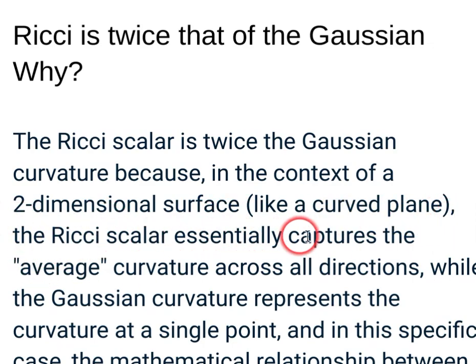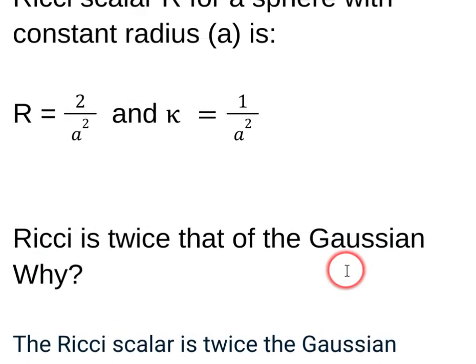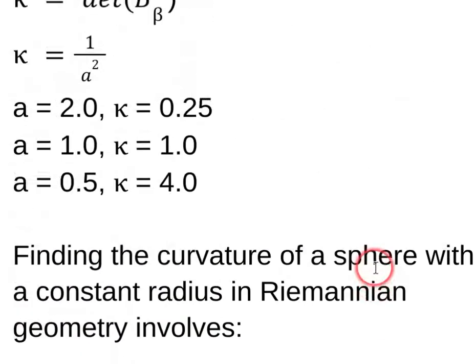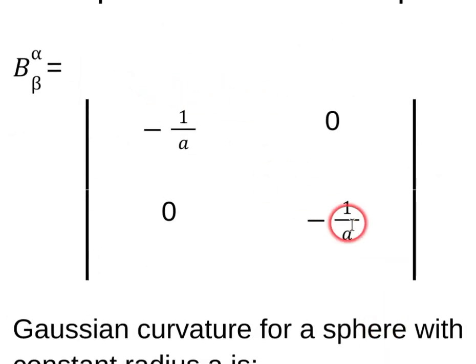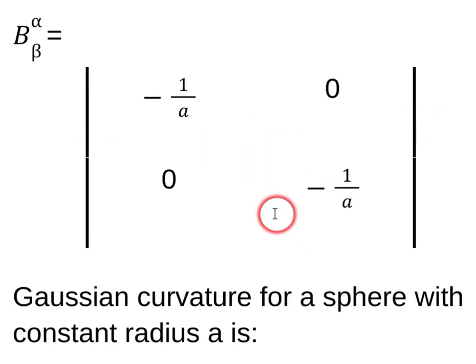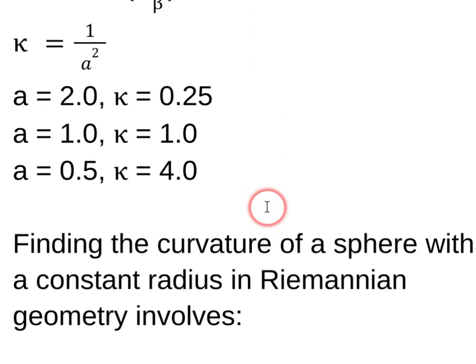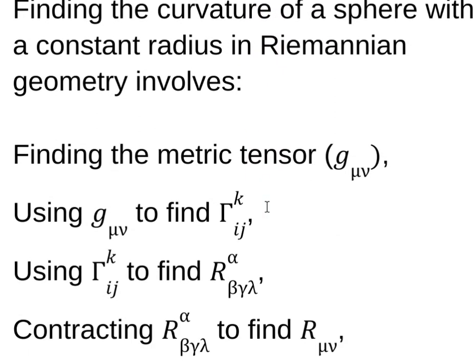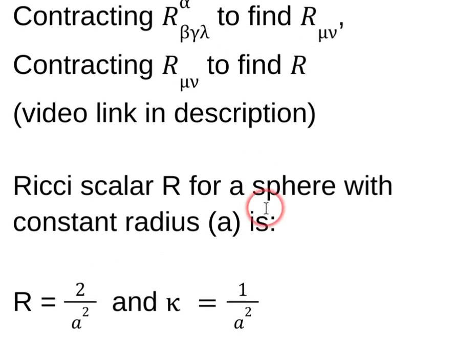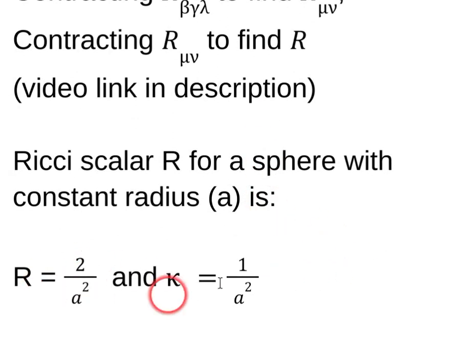The Ricci scalar essentially captures the average curvature across all directions. So since kappa was 1 over a squared, I guess the scalar is just 1 over a squared in this direction, 1 over a squared in that direction. So it's twice. I don't know what it means. That's all I can imagine it means. If you understand that and have a better answer, I sure would like to hear it.